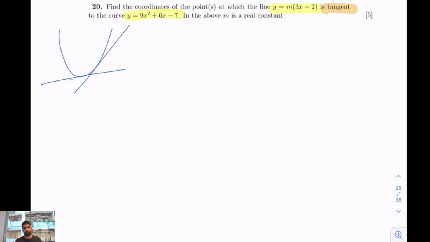If you want to find the point of intersection of a line and a curve, you solve them simultaneously. But what's really helpful is that tangent will give you only one point of intersection, so that's something we can make use of. And the other thing, again coming from tangent, is that they will have the same gradient.